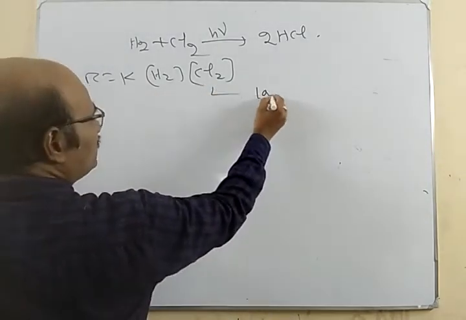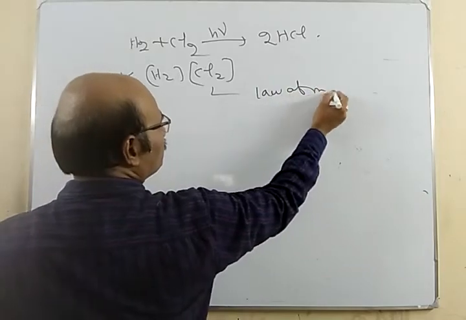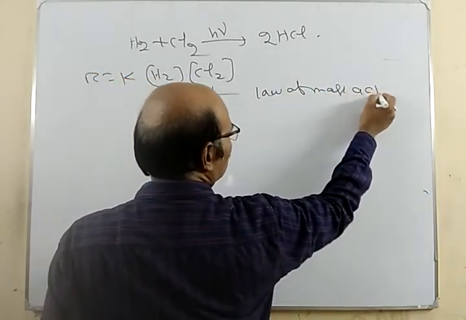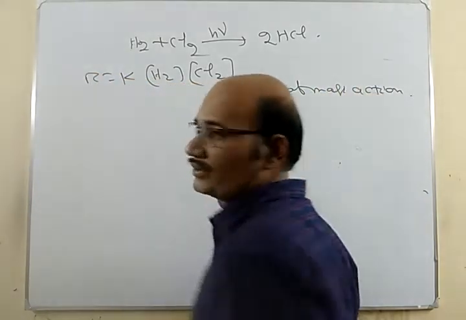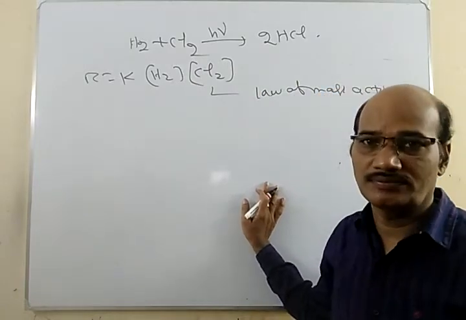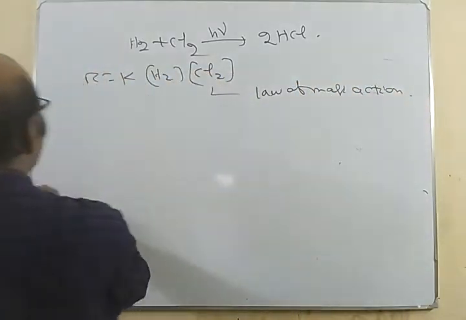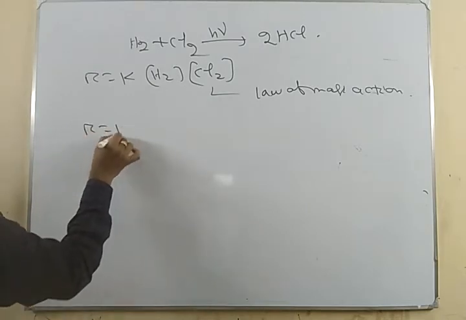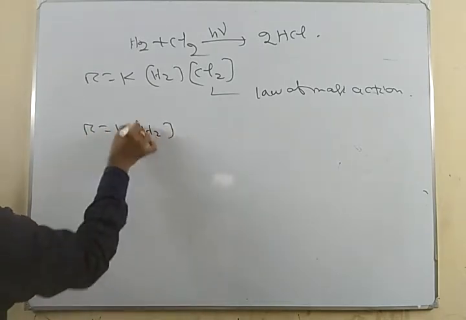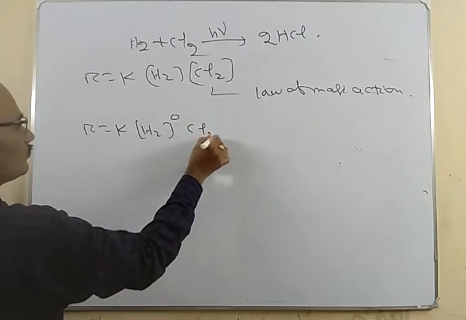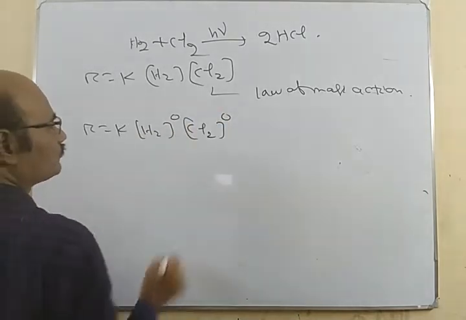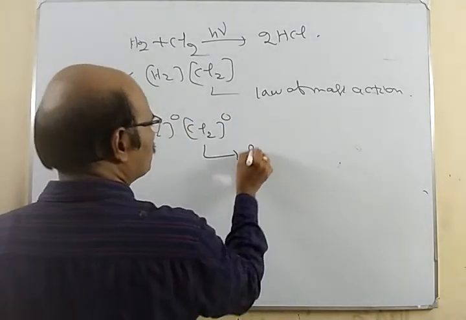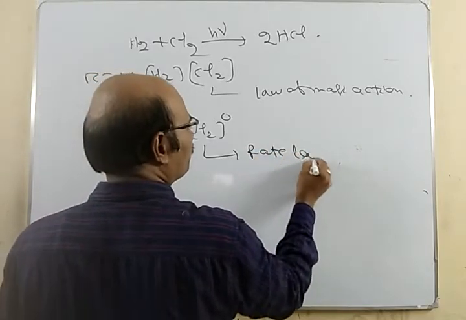This is the law of mass action. Now R is equal to K [H2]^0 [Cl2]^0. Or rate law.